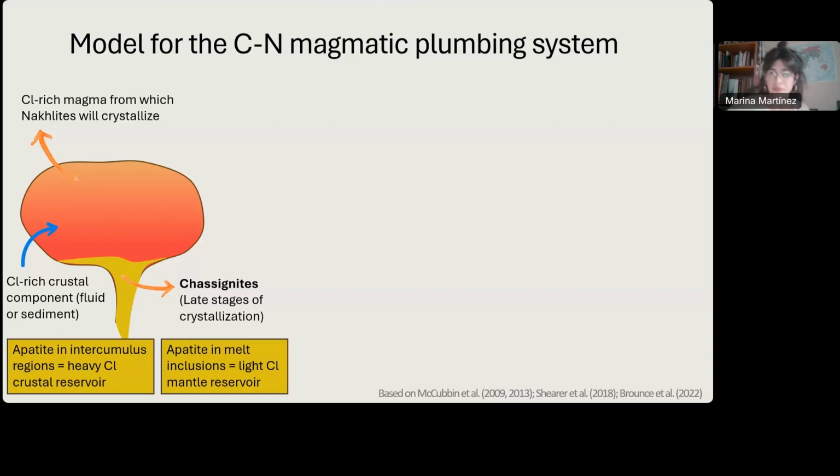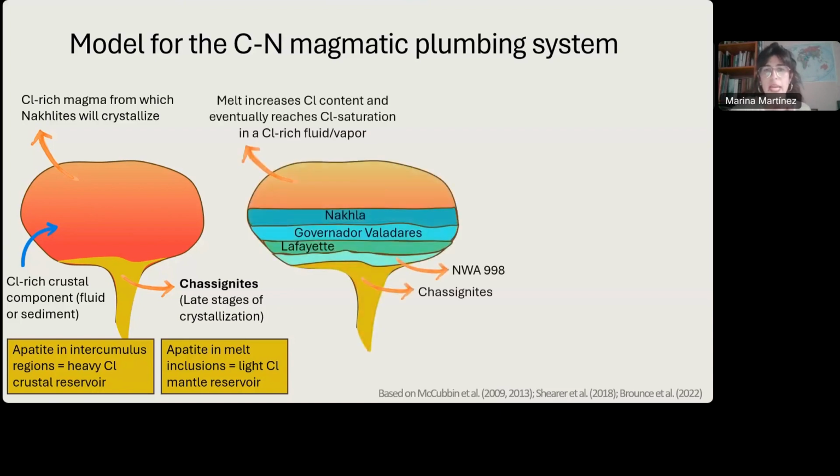the mantle. And so all the nakhlites crystallize from a melt, from a magma that was already enriched in a chlorine-rich crustal component. Then Northwest Africa 998 is the first nakhlite that crystallizes, then Lafayette, Governador Valadares, and Nakhla. And as nakhlites are crystallizing, the melt increases its chlorine content because it's incompatible, and eventually reaches chlorine saturation with respect to a chlorine-rich fluid vapor.